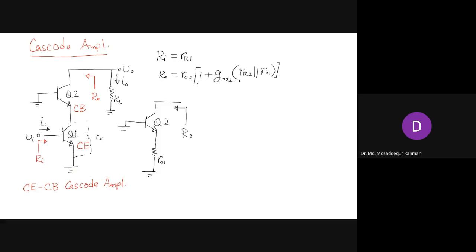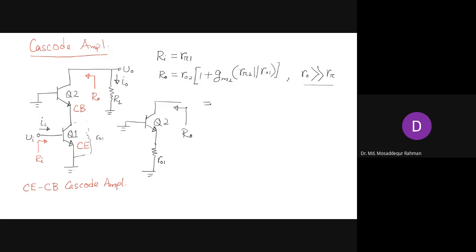Now this we can simplify a little bit, because you see that R0, the output resistance of the transistor, is usually much larger than R pi. R0 is in the range of hundreds of kilo ohm, and R pi a few kilo ohm, usually around 2, 3 or around this range, while R0 is usually higher than 50 kilo ohm, around 100 kilo ohm, much greater than this small R pi.